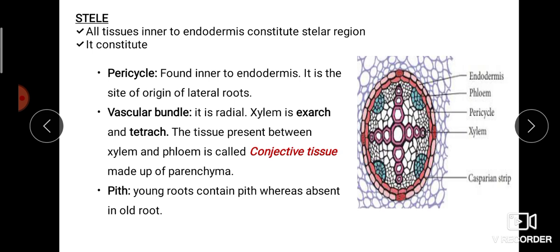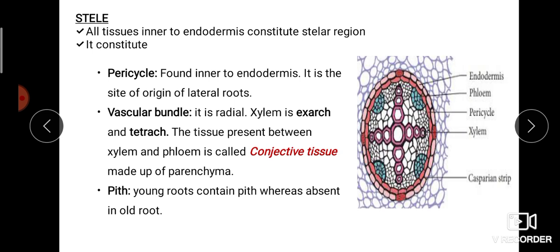Okay, and the tissue which is present between xylem and phloem is called conjunctive tissue. These are xylem, and finally these 4 are phloem. So these white colored tissues present between xylem and phloem are called conjunctive tissues, and they are made up of parenchyma.